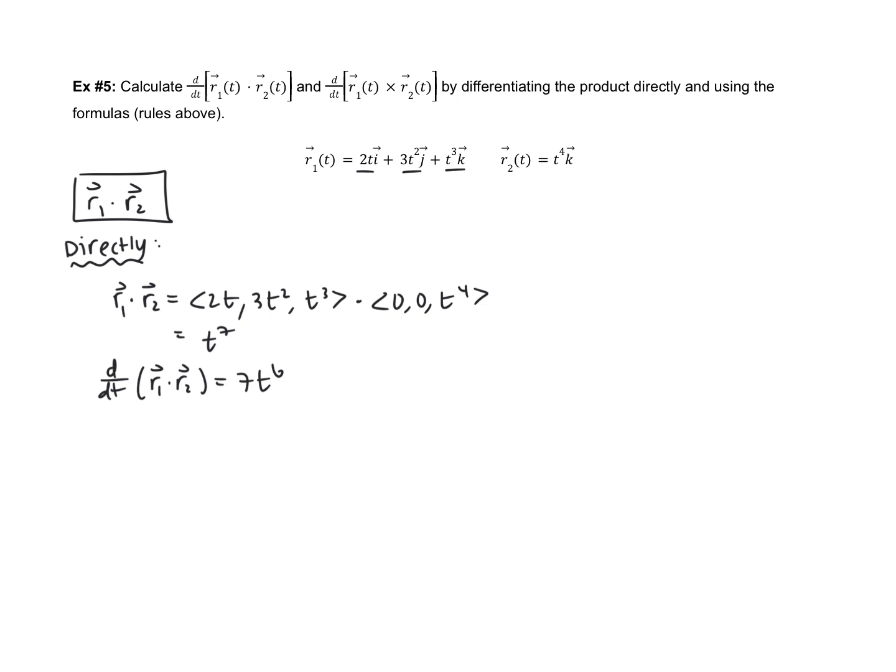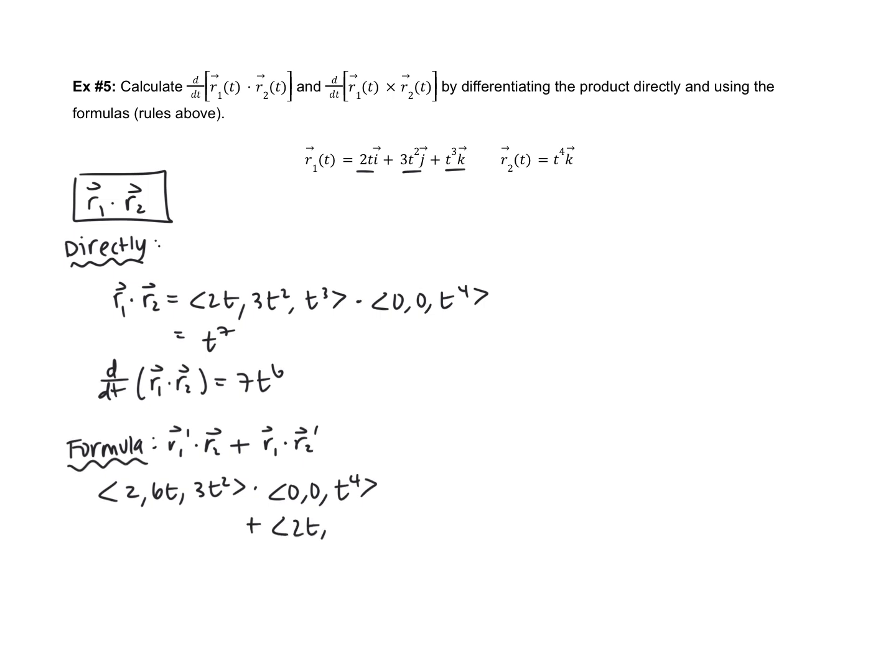Okay, so now if I use the formula, I'm going to take the derivative of R1, dot it with R2. I'm going to add to that R1 dotted with the derivative of R2. So the derivative of R1 is 2, 6t, 3t squared, and I'm going to dot that with 0, 0, t to the fourth. And to that, I'm going to add 2t, 3t squared, t to the third, dotted with 0, 0, 4t to the third.